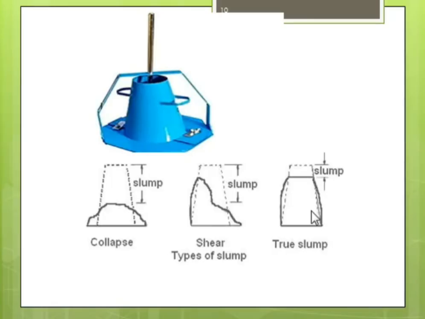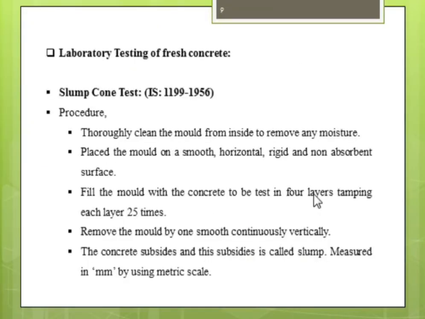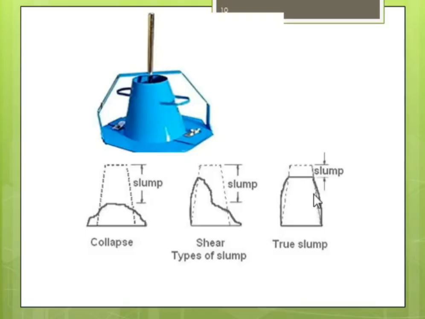This means that our concrete mix is completely homogeneous and well prepared. So that is the reason behind this. We require the true slump. The procedure is simply that whatever fresh concrete we have prepared, we have to fill into the slump cone layer by layer. Generally we fill it in three layers, using the tamping rod.